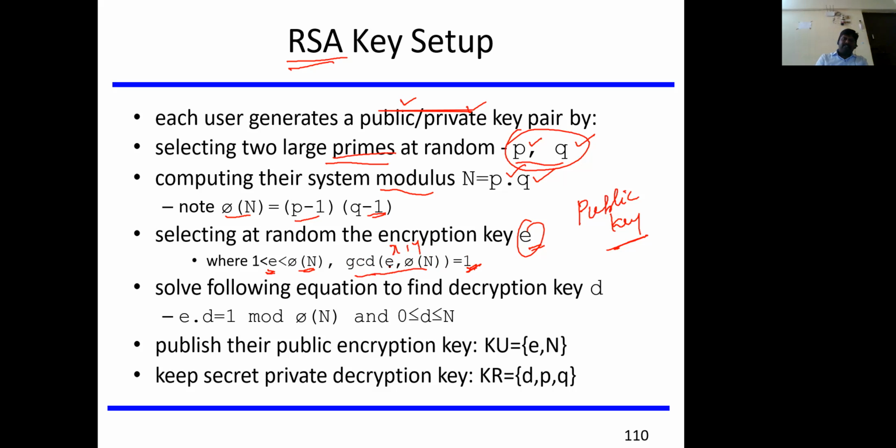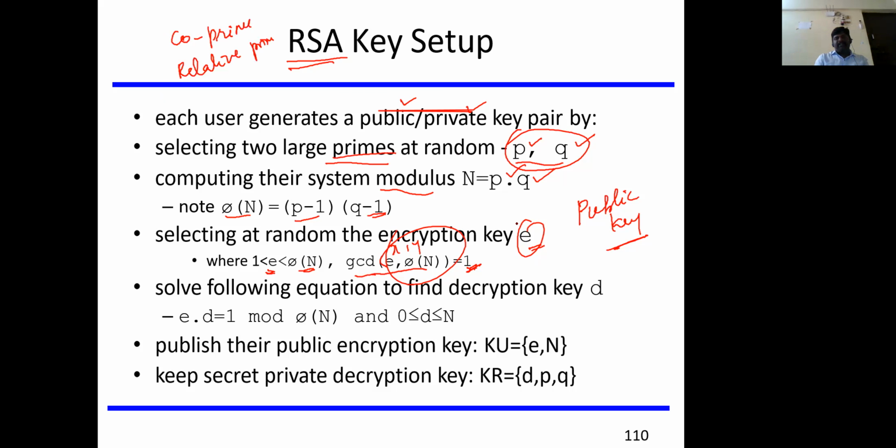If the GCD is 1, these two numbers can be called what? Relatively prime. Very good, Anushka. Relatively prime or co-prime.